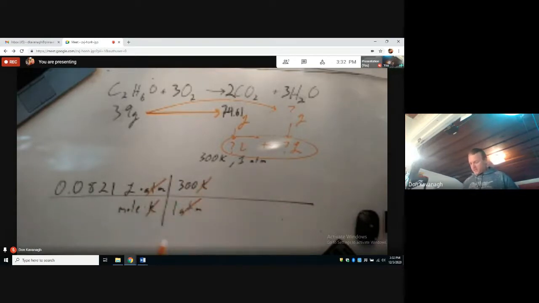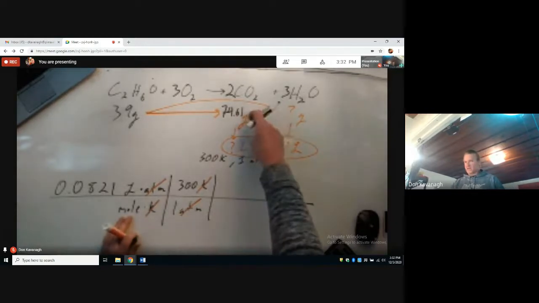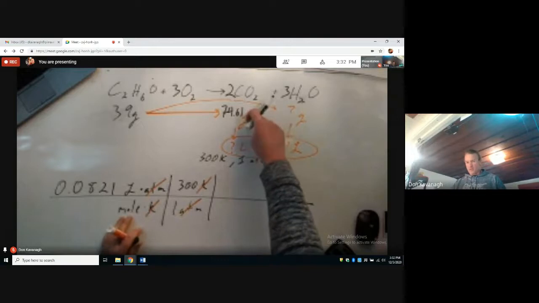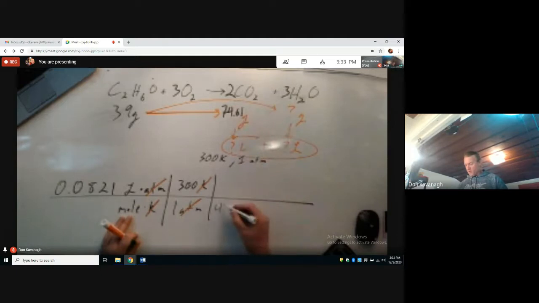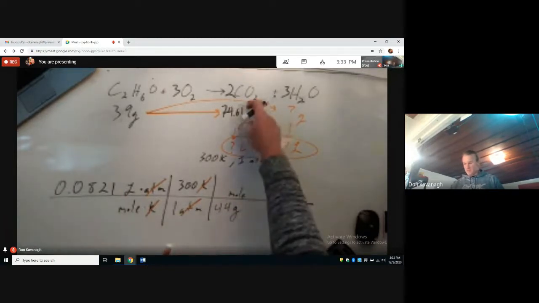Now I need to cancel out moles. I do have the grams and that chain link unit. The unit that connects grams and moles together is from the periodic table. Because we're trying to find this for CO2, we're going to look up CO2 off the periodic table, 44 grams per mole, 16 plus 16 plus 12.